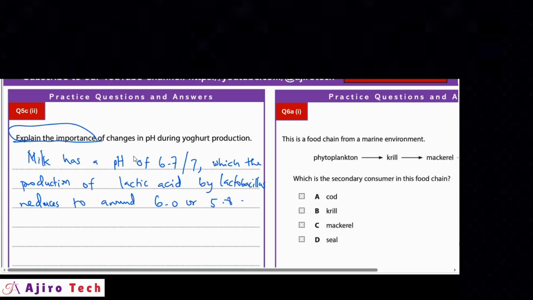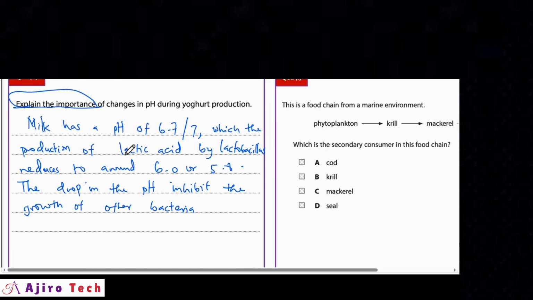The drop in the pH inhibits the growth of other bacteria, because spoilage bacteria that would make the yogurt spoiled will not be able to thrive at that range of pH.